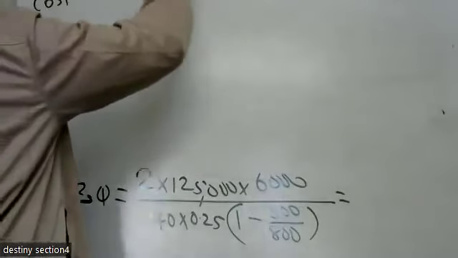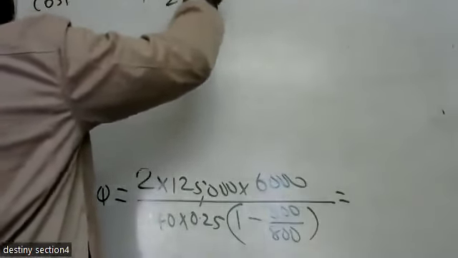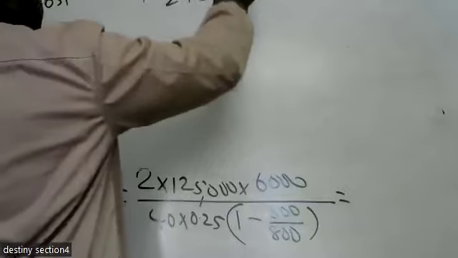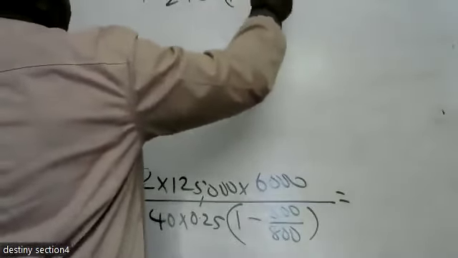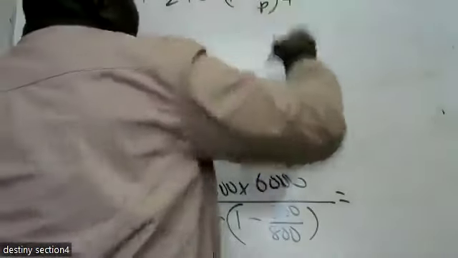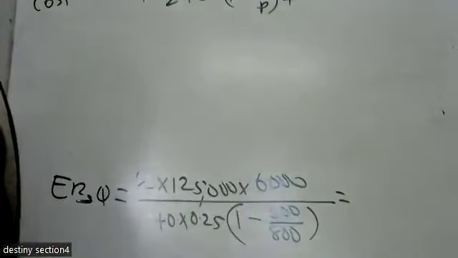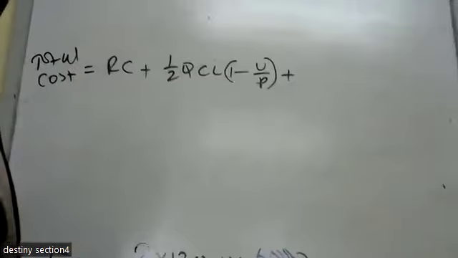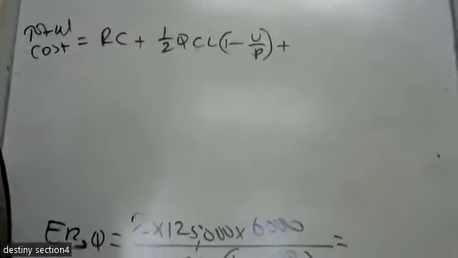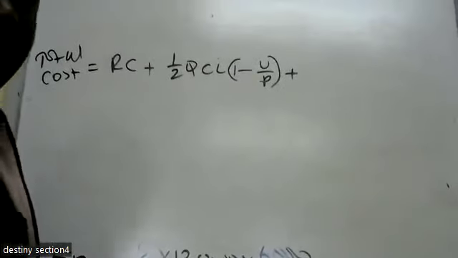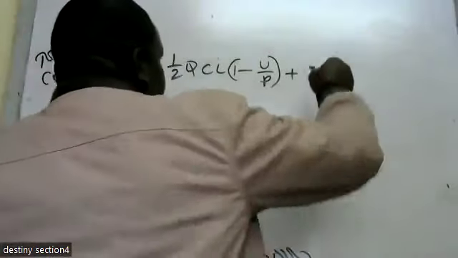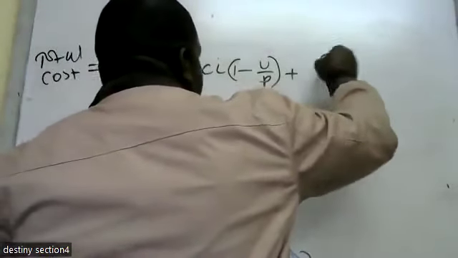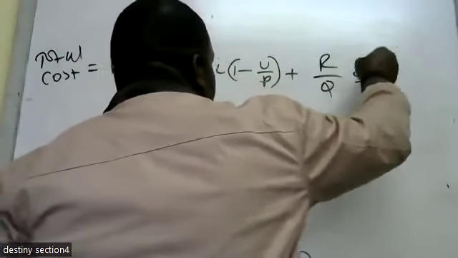Then the holding cost is half Q CI times 1 minus U over P. Then there are also the setup costs, which is R over Q, then S.